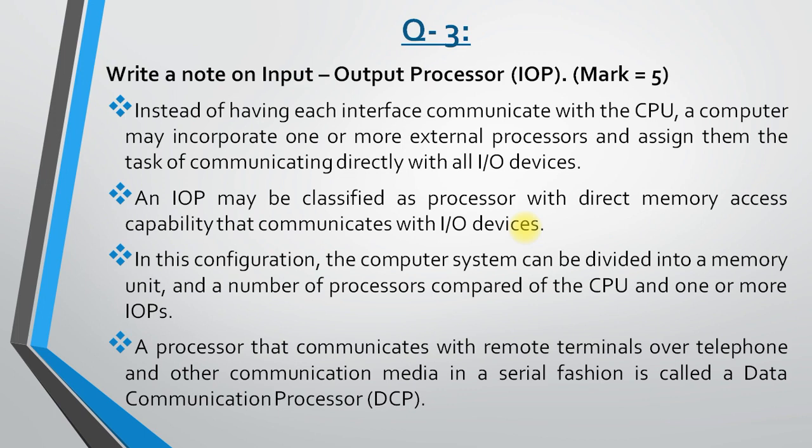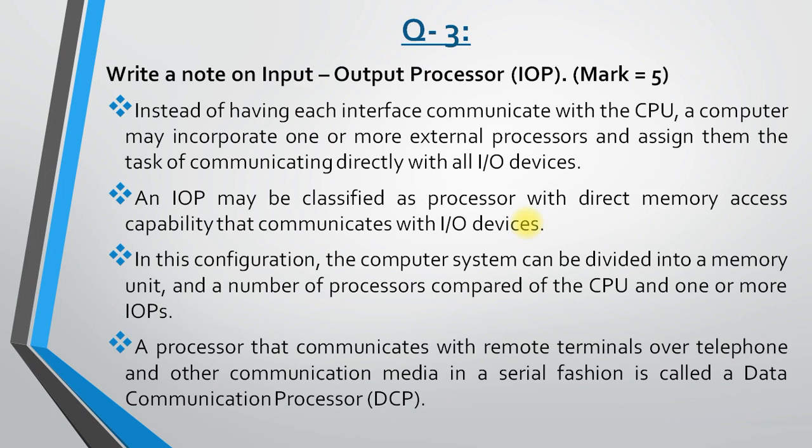So when you provide such a configuration, your computer system is divided into a memory unit and a number of processors comprised of the CPU, and there are one or more IOPs connected with the computer.